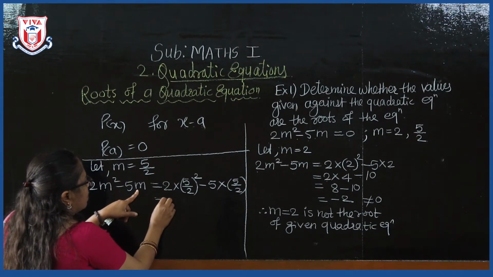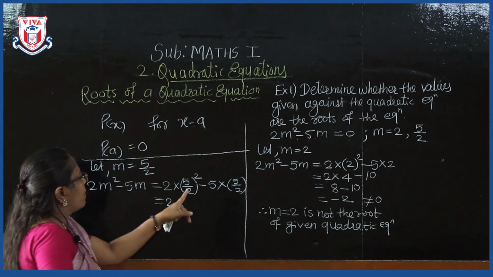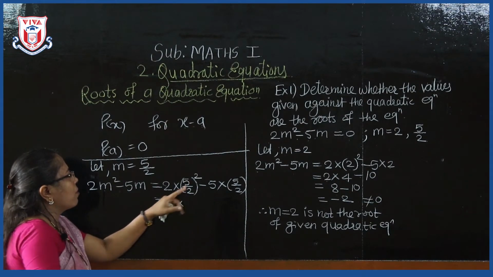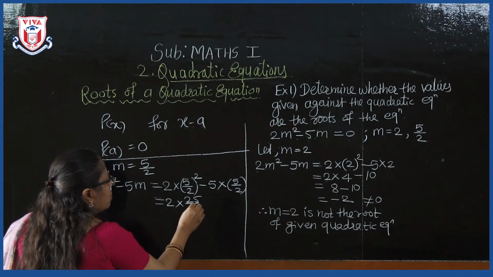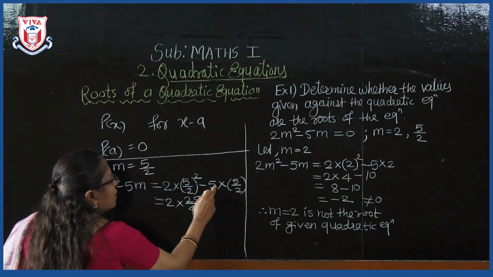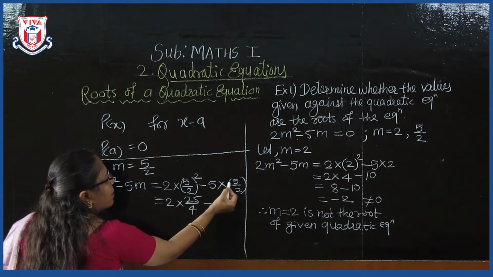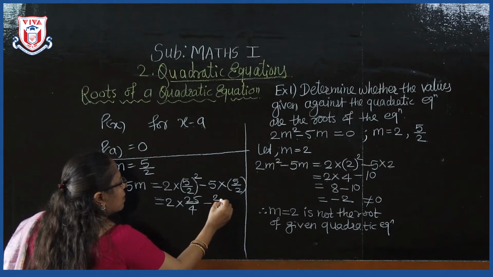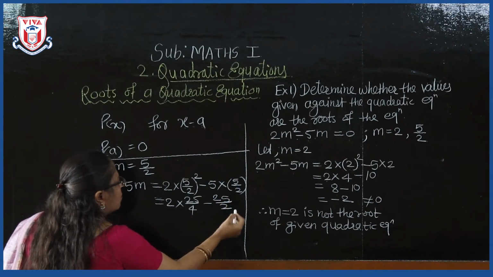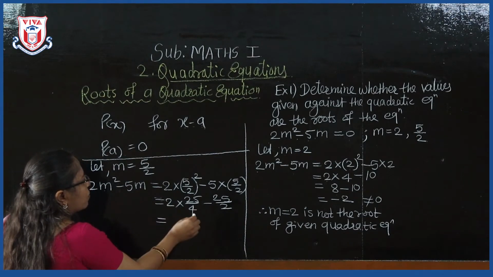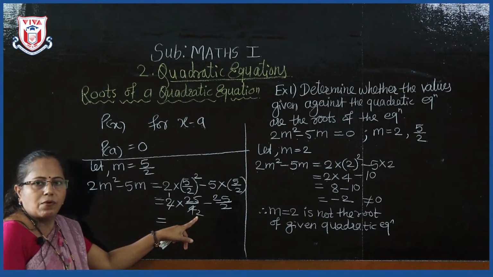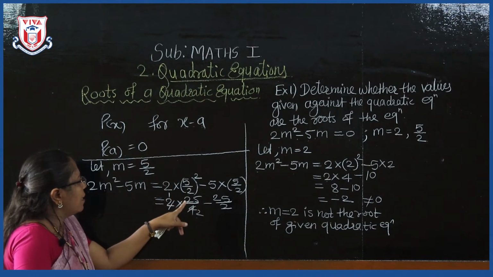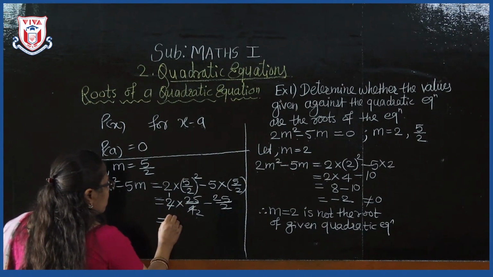So 2 into, now we have to make the square. Square of 5 is 25. Square of 2 is 4. Now here we have to multiply. 5 multiplied by 5, 5 5s are 25 upon 2. Now here you can simplify. 2 1s are 2. 2 2s are 4. So we got here the answer 25 upon 2.